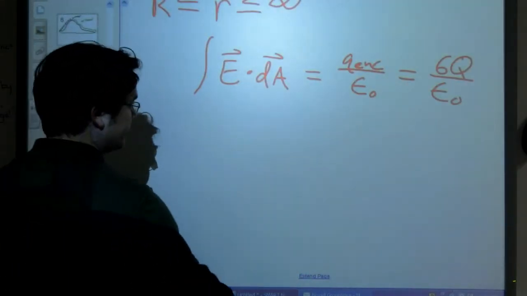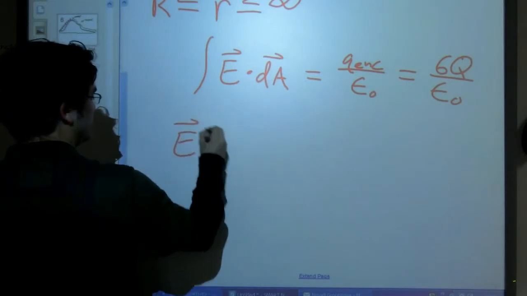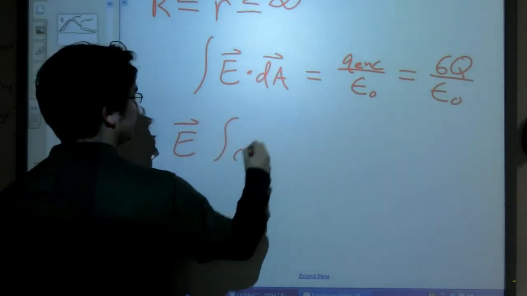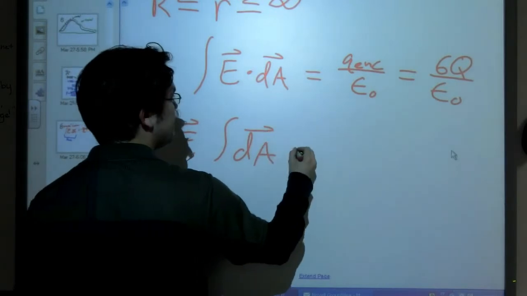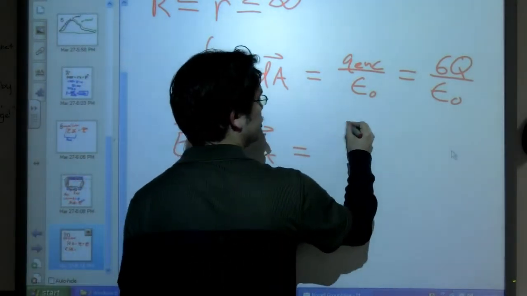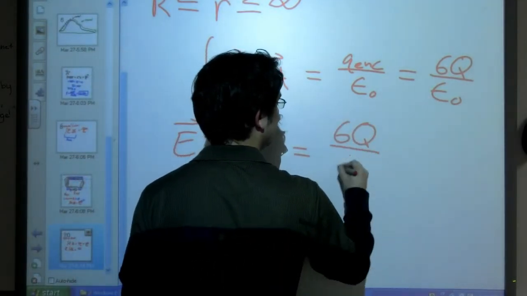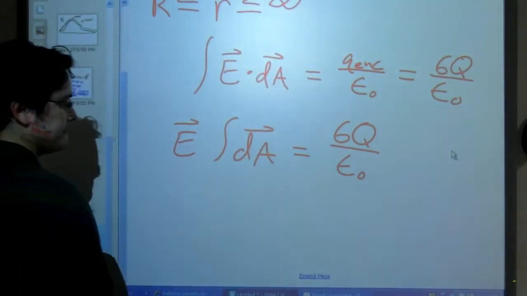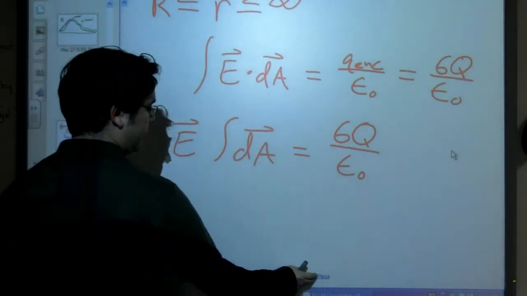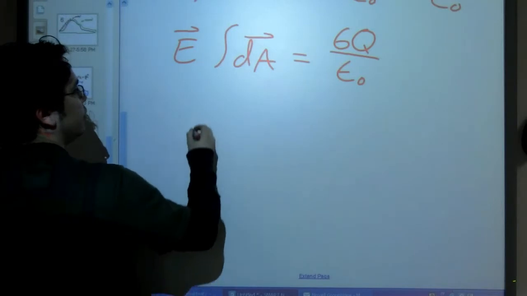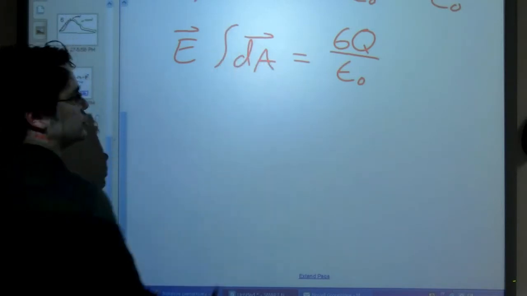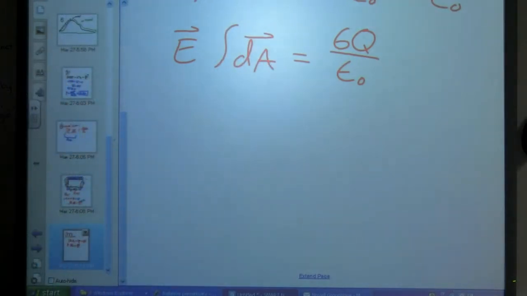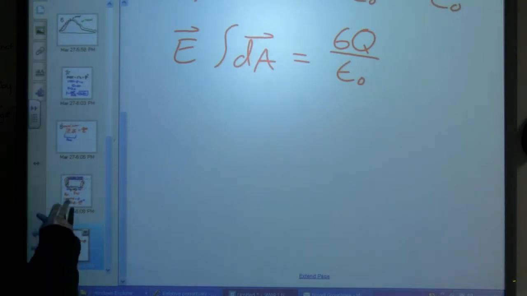And so we've also set it up where my electric field is constant. So that gets pulled out, and I just have the integral of dA. And that's going to be equal to 6Q divided by epsilon naught. I want to solve for my electric field. That's what I'm looking for here. Well, the integral of dA, that's just going to add up to my area, right?